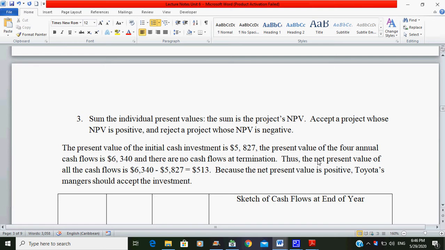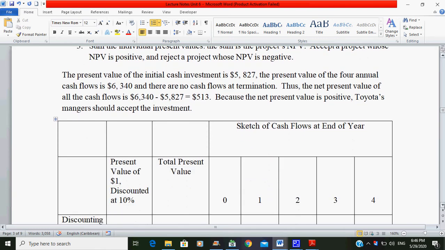Thus, the net present value of all cash flows is 6,340 minus 5,827, which would be equal to 513. Because the net present value is positive, the manager should accept the what? Investment. Let's look at it now in more detail.